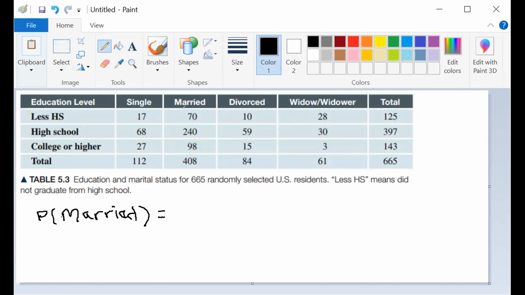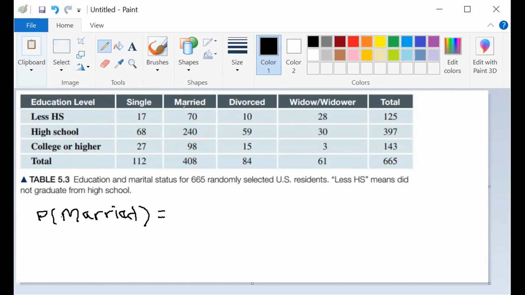Now, what if we wanted to calculate the probability that someone is married and has a college education or higher? If we look through the table here, where are the people that are married and have college education or higher?